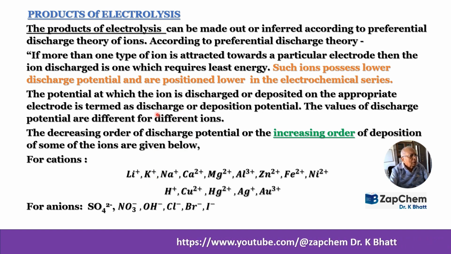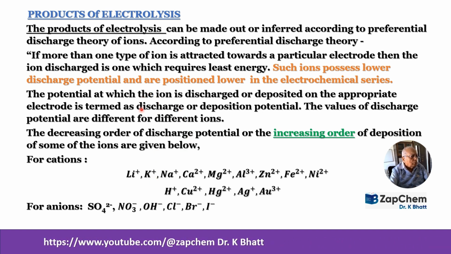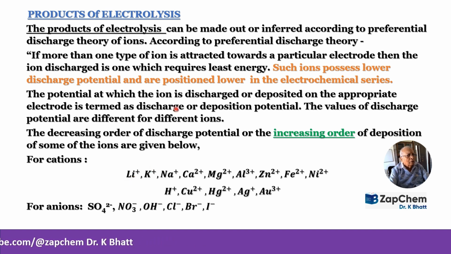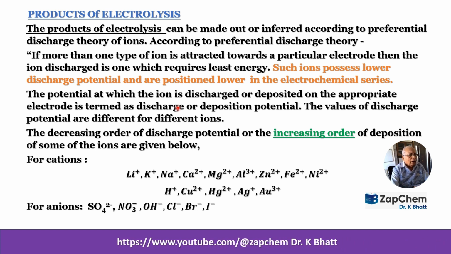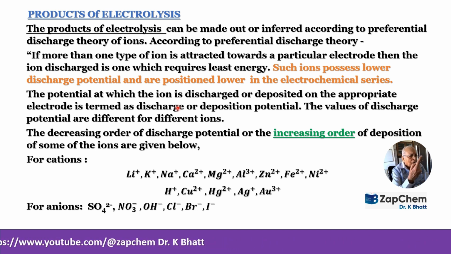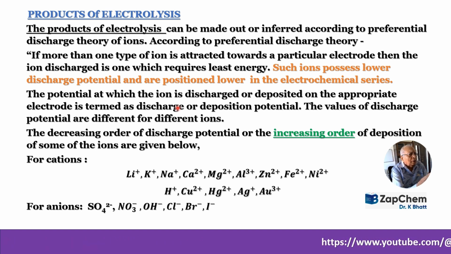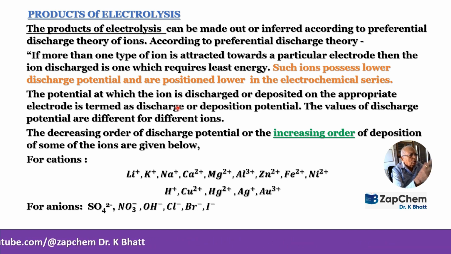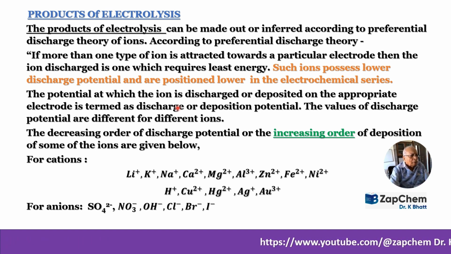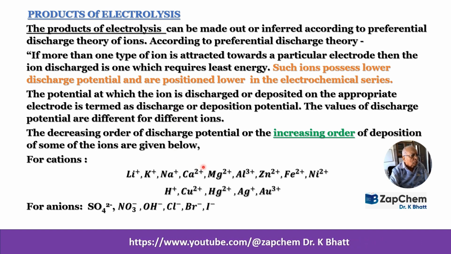Cations are deposited at the cathode, and normally what happens is that all the time we are not using an electrolyte having one single ion. Of course, when it is in a fused state like sodium chloride, there will be a sodium ion and the chloride ion, and the chloride ion will move to the anode and the sodium ion to the cathode, and they will get deposited separately and liberated as chlorine gas and sodium atom.